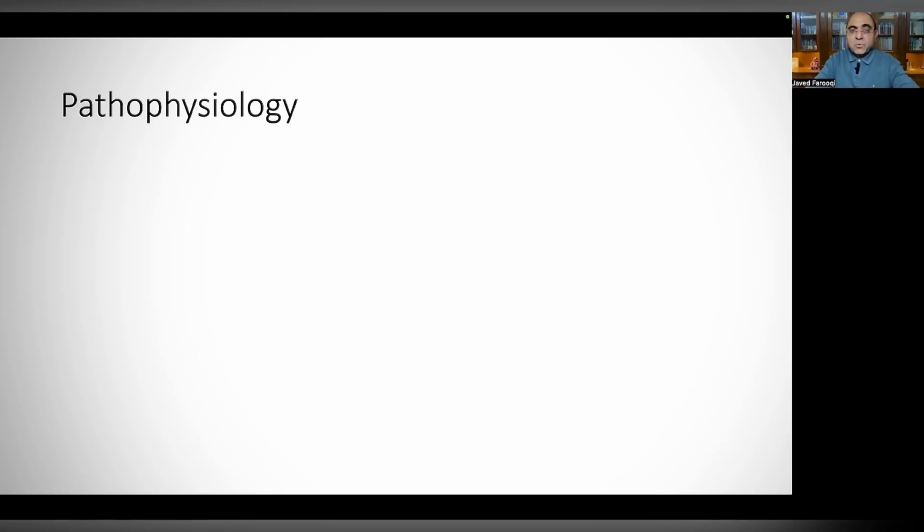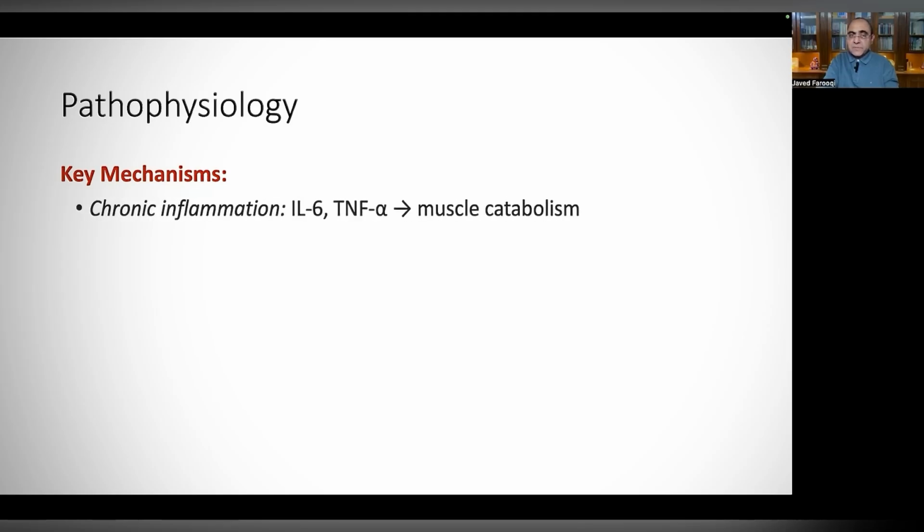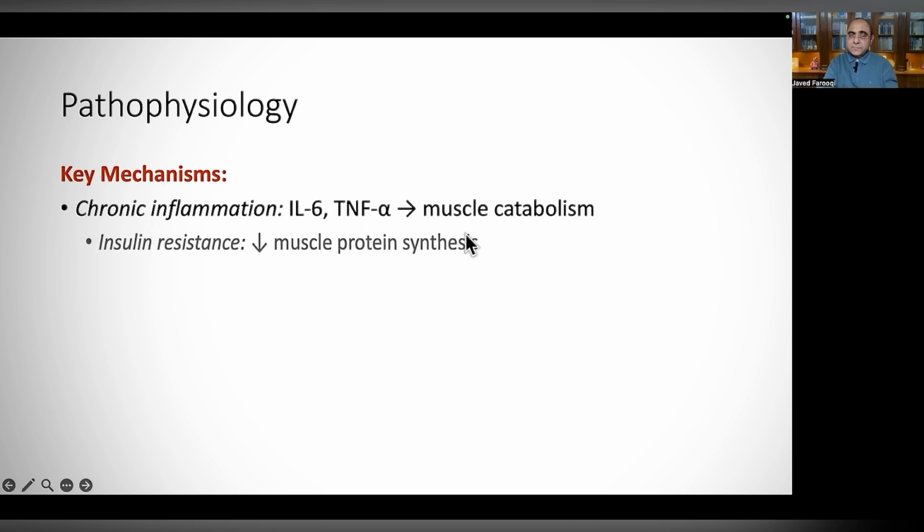Pathophysiology of sarcopenic obesity. The key mechanisms involved are: there is chronic inflammation, characterized by raised levels of IL-6 and TNF-alpha, which leads to muscle catabolism. Then there is insulin resistance, which leads to decreased muscle protein synthesis.